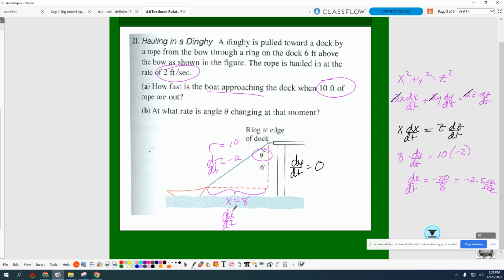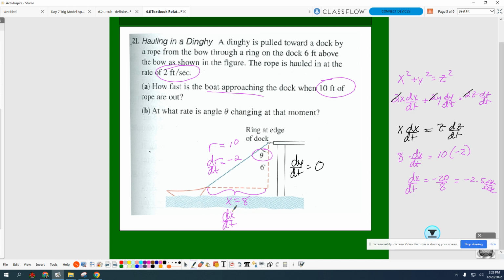You could do sine theta equals 8 over 10. I could use sine theta is 8 over 10. You could use any of them, but one of those 3 trig functions is less desirable. Which one?